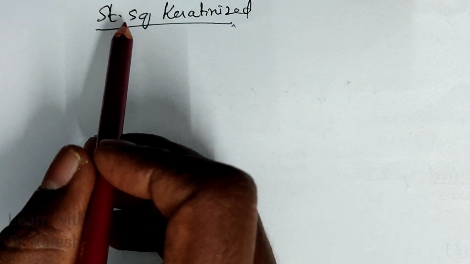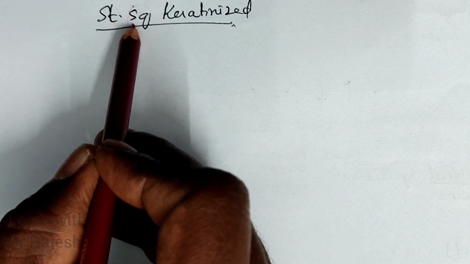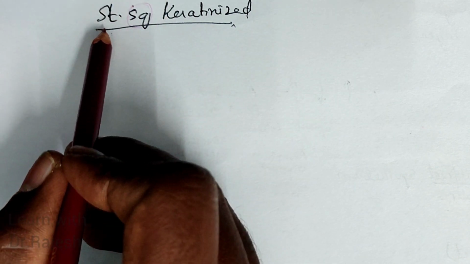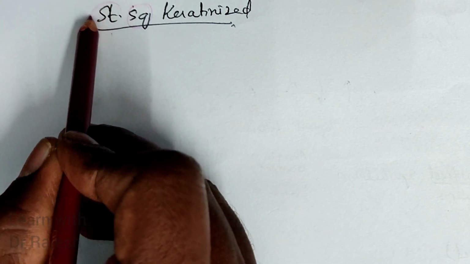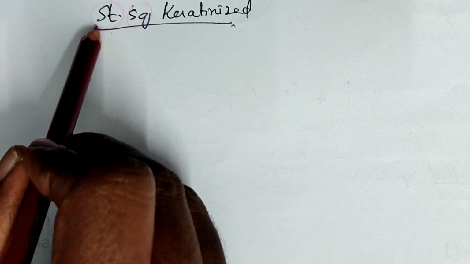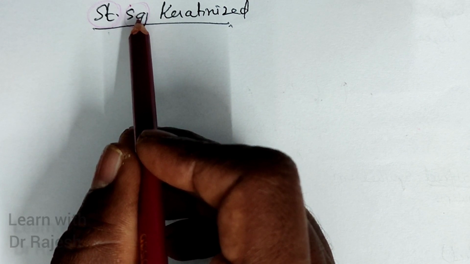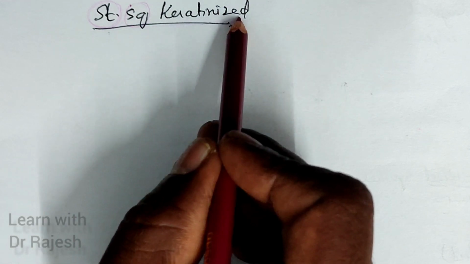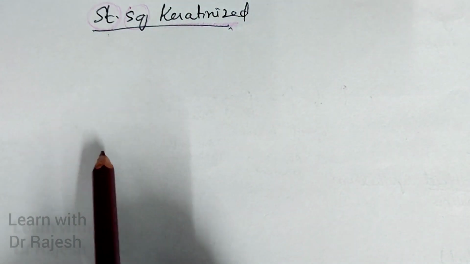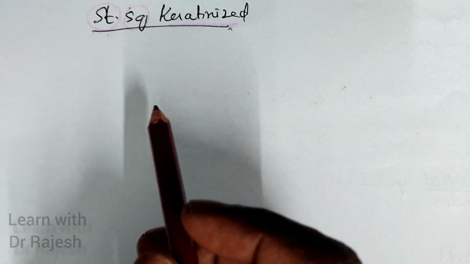As the name implies, squamous, that means the topmost layer of the cell should be squamous, stratified, so there should be multiple layers. Above the topmost squamous layer, we have the keratin, which will be lining the top of the final layer.